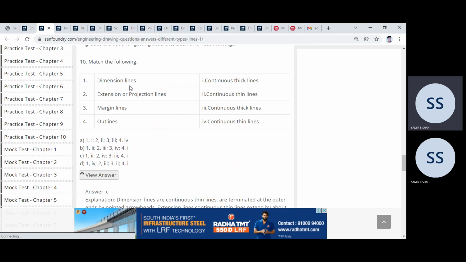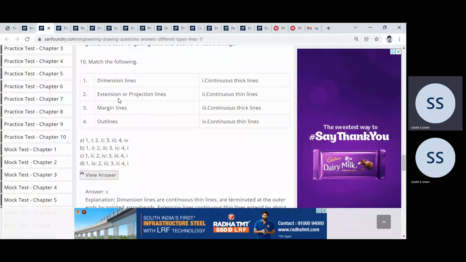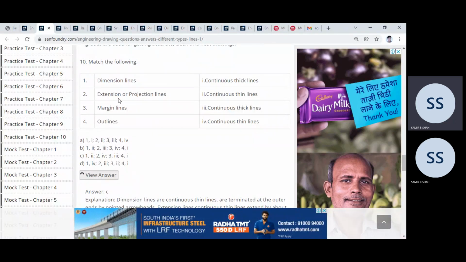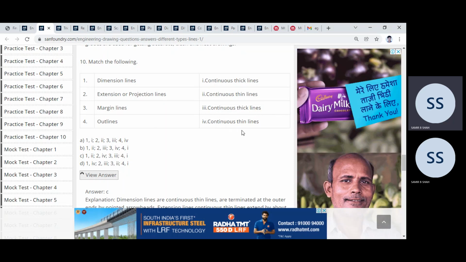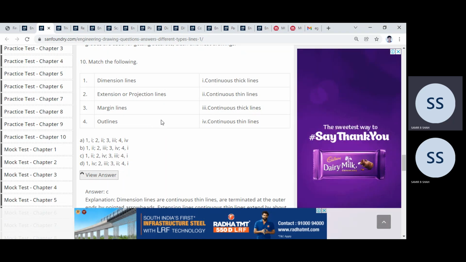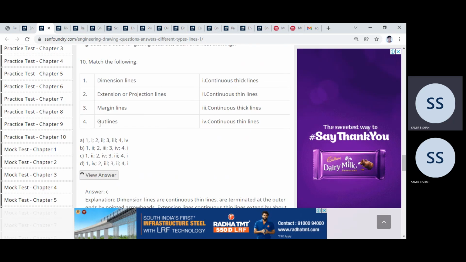Dimension lines are indicated with a continuous thin line. Extension or projection lines are indicated with a continuous thin line, margin lines with a continuous thin line, while outlines are indicated with a continuous thick line. So here for the 10th, option C is the correct option.